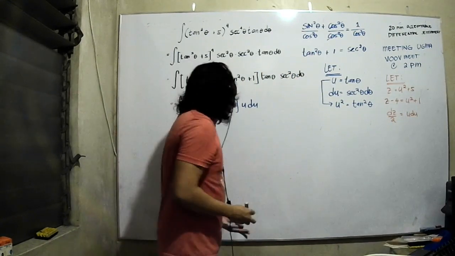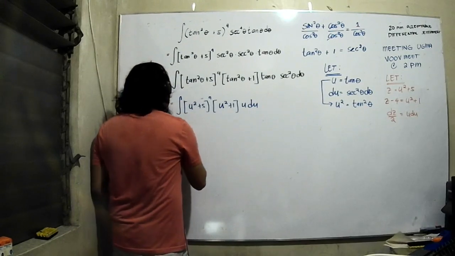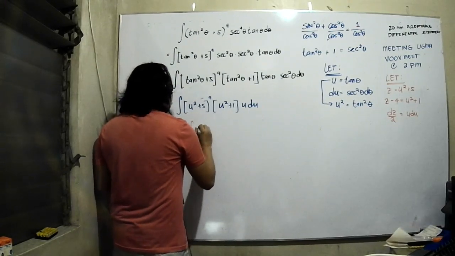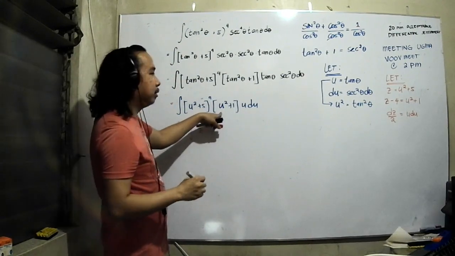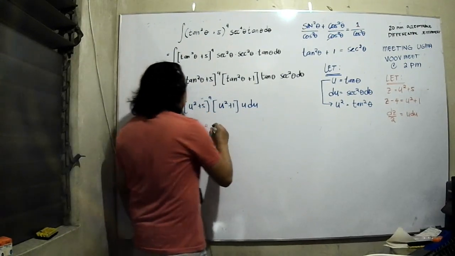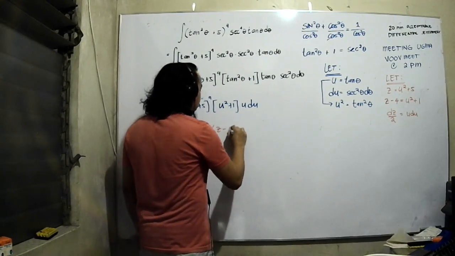So now we can substitute. This term over here is equal to z to the power of 4. And u squared plus 1 is equal to z minus 4.